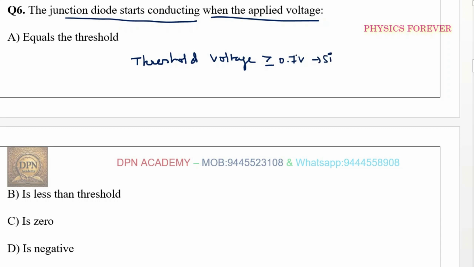The options may say the current starts when the voltage is equal to the threshold voltage or greater than it. Okay, that is important.